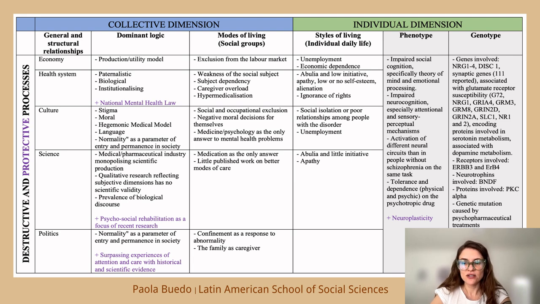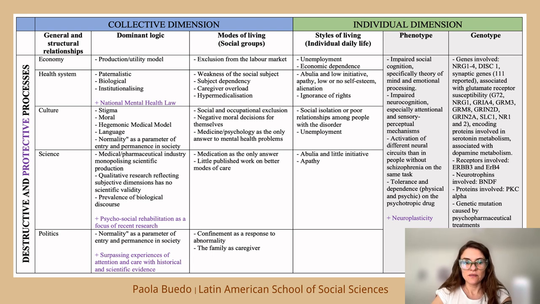So the direct consequences at the individual level of all these things that happen in the collective dimension are low initiation, abulia, alienation, and low or no self-esteem at all. So we can see that what happens in the collective dimension impacts the individual dimension, regardless of the individual characteristics that person could have.